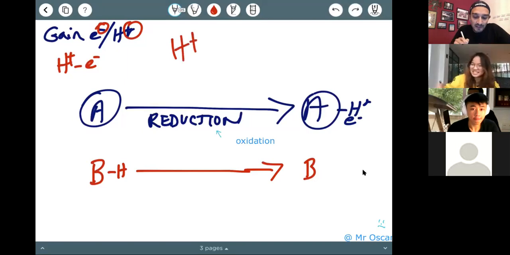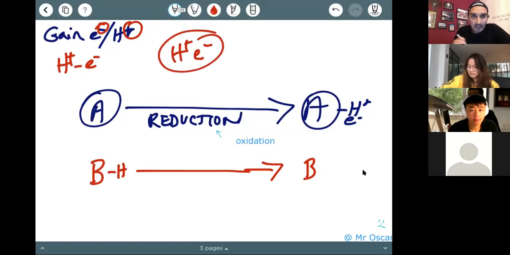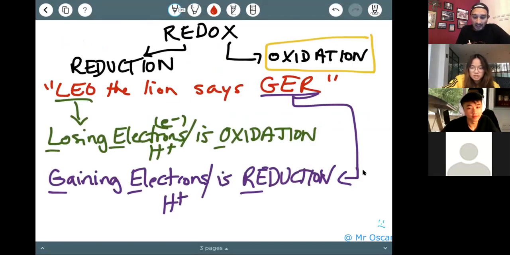Sometimes they'll talk about one and sometimes the other, but really the hydrogen and the electron are always like a combo. So if you're losing one, you're losing the other also. If you're gaining one, you're gaining the other also. Losing electrons or losing H plus happens together, so that would be an oxidation. If you're gaining an electron, you're also gaining an H plus. That's a reduction.